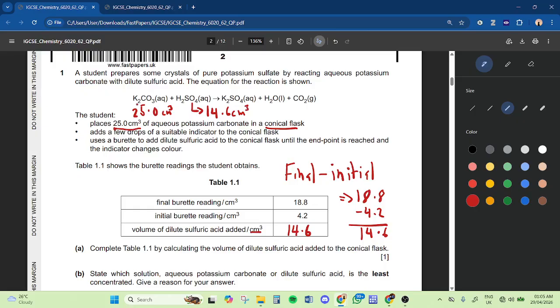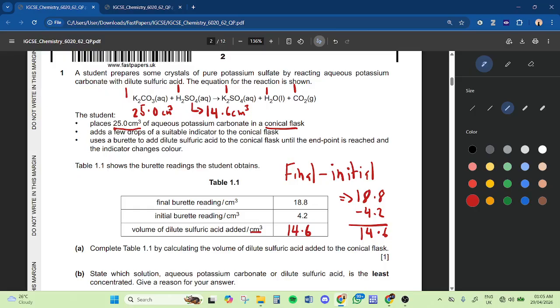So here's the thing. The molar ratio of potassium carbonate to sulfuric acid is basically the same. 1 mole of potassium carbonate reacts with 1 mole of sulfuric acid, giving you 1 mole of everything. So everything is 1:1:1:1. So there's no other factor to take into consideration over here.